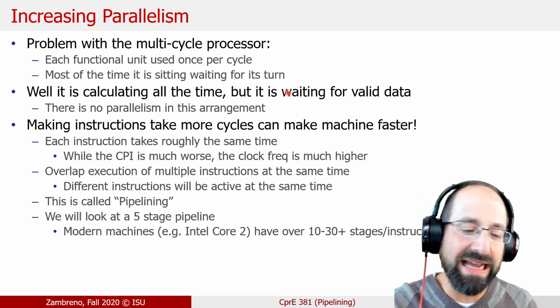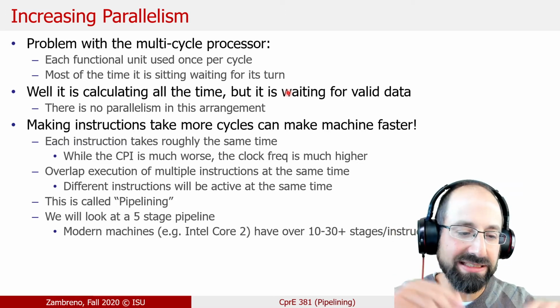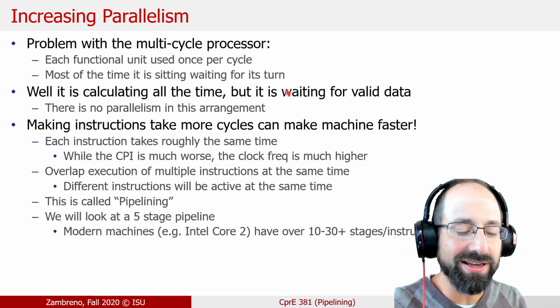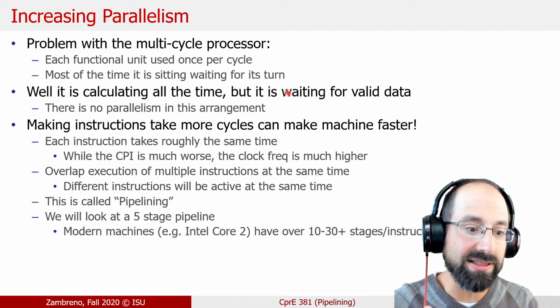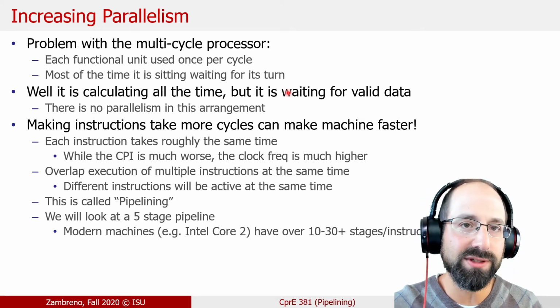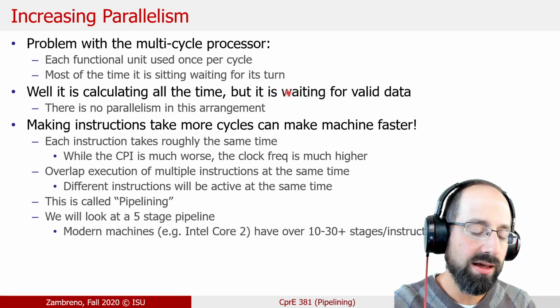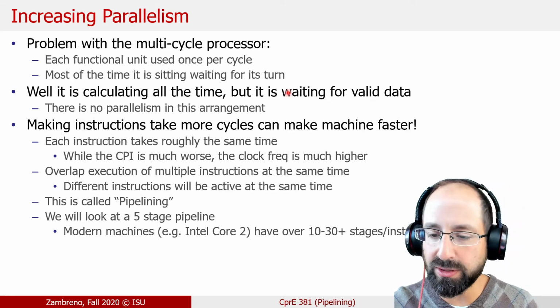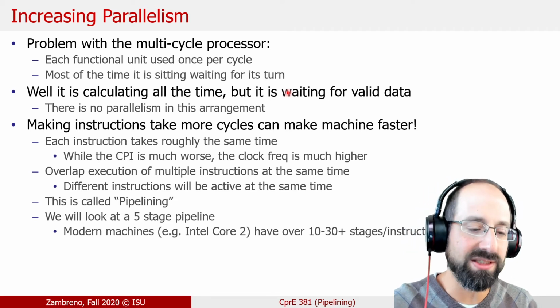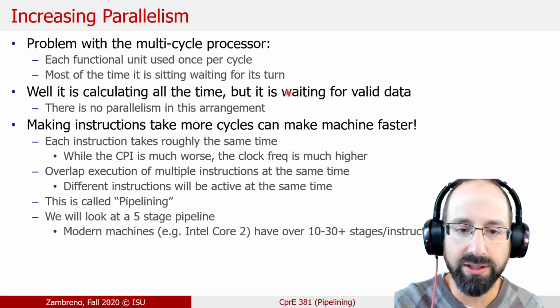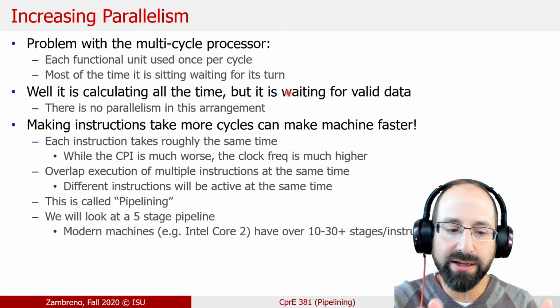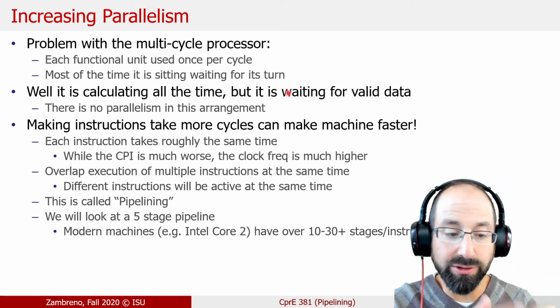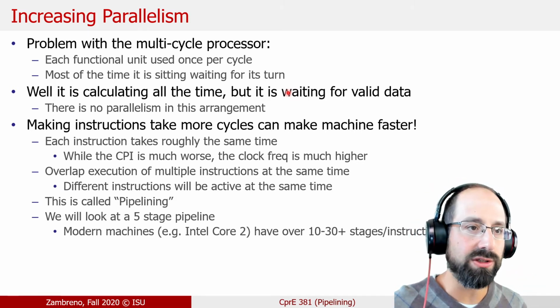And while there's always data flowing through it, and you'll always have signals transitioning in your ModelSim waveform for it, only a certain percentage of the time is it actually calculating something that's meaningful to the final result of the instruction. And there's no parallelism there. This is what people were starting to get at on Monday, and there were a couple of questions about that. It is entirely sequential, the multi-cycle implementation. Take between 3 to 5 cycles for the first instruction, and when you're done, now move on to the next instruction.